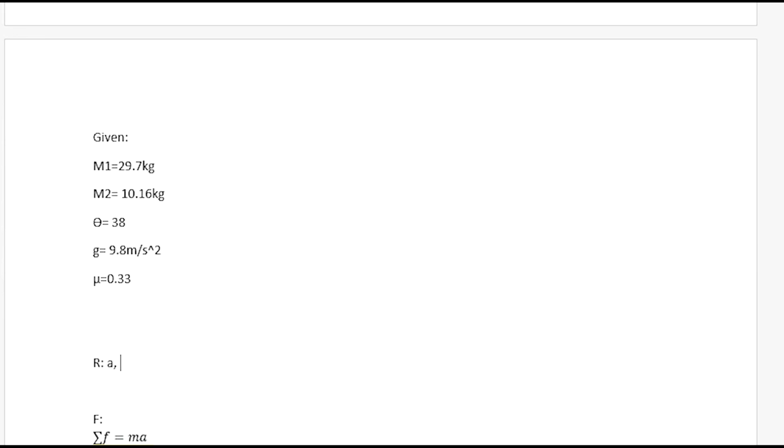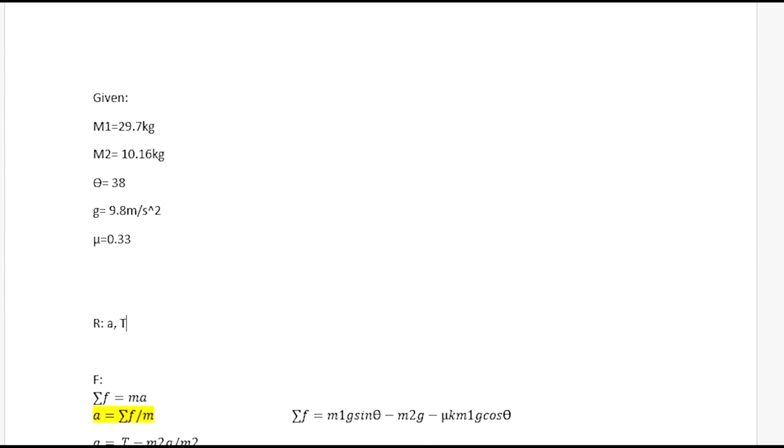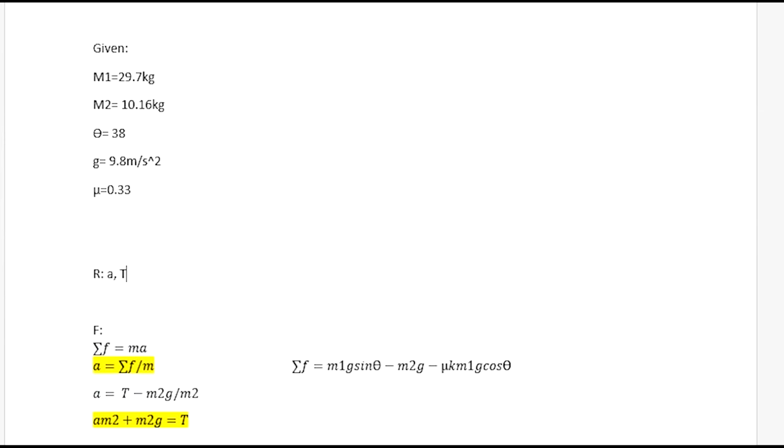So let us proceed. The problem states we're going to find the acceleration and the tension. So the formula is now given. See here how they derive the formula. Summation of forces is equivalent to mass times acceleration.